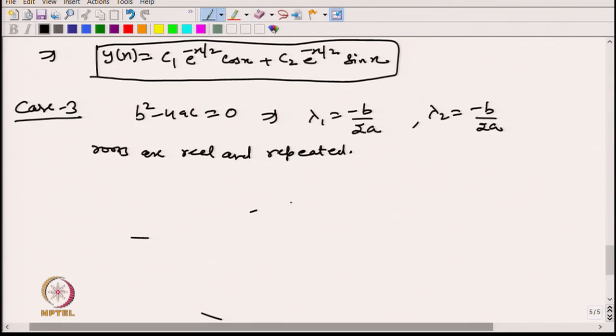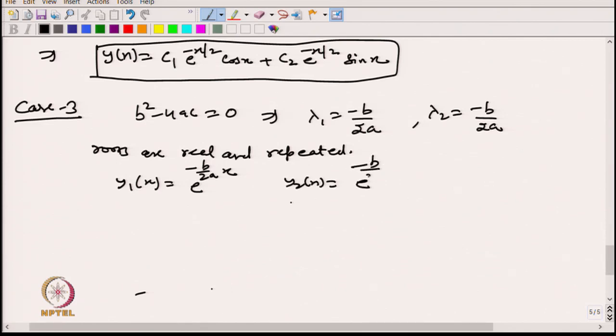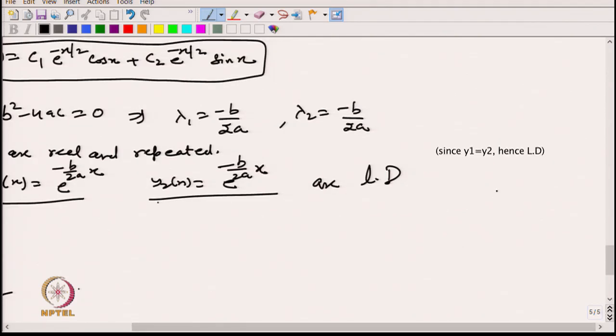Now, if I write the solution corresponding to these two, then y1 x is e raised to power minus b by 2a x and y2 x will be e raised to power minus b by 2a x. But the problem is that these solutions are linearly dependent. To find the general solution of the equation, I need two linearly independent solutions, but in this case we are getting only linearly dependent ones.